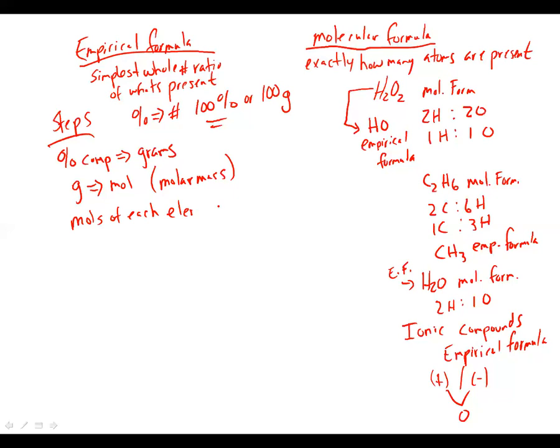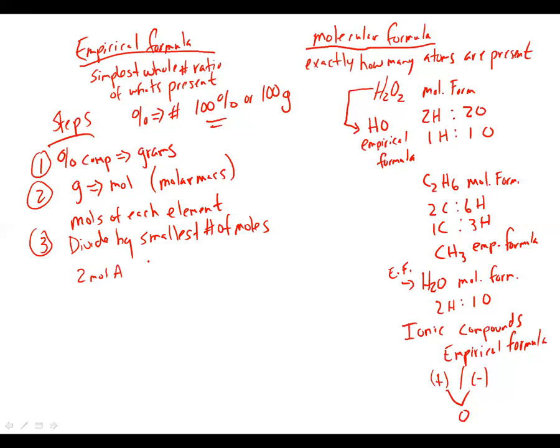After you have converted to grams, and converted the grams to moles, the third thing you're going to do is divide by the smallest number of moles. So for example, let's say we ended up with 2 moles of A and 4 moles of B after we did step number 2 here.